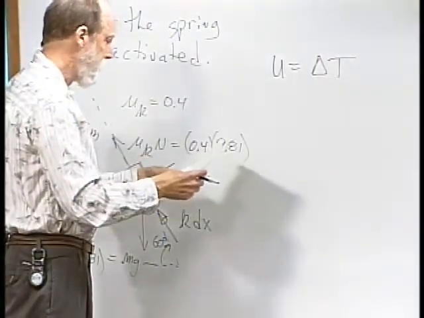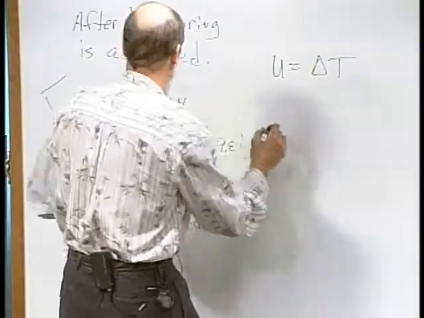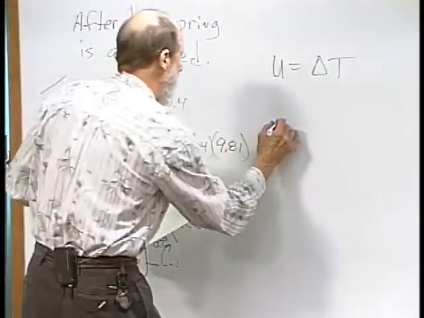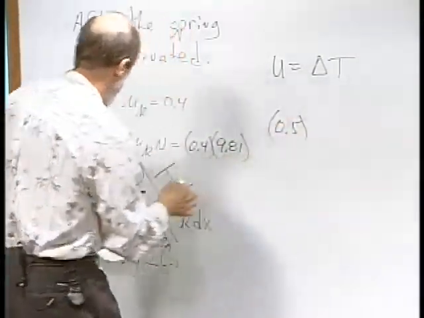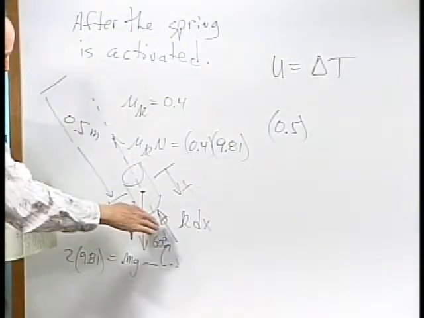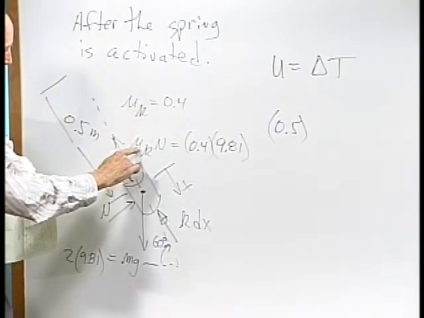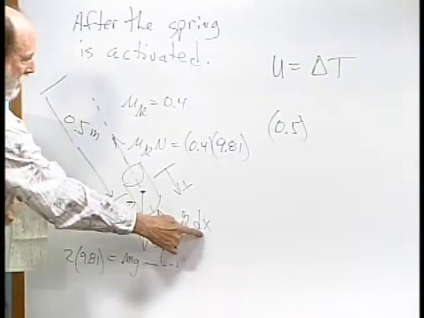So if we write our equation then, after the spring is active, we have these active forces that are in the direction of the motion, made up of mu normal and k dx.